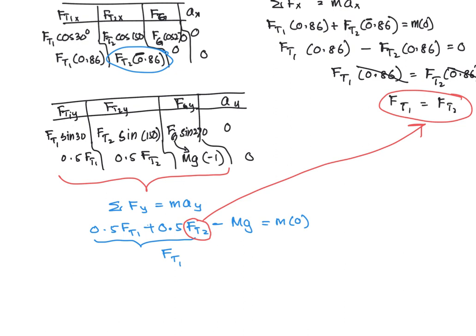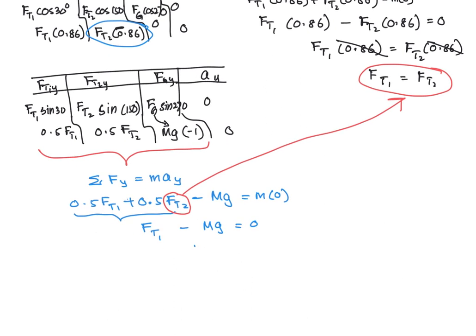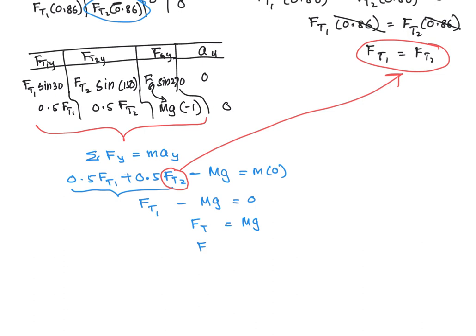And then let's continue: equals mg, this side 0, and FT1 equals m times g. I don't remember exactly what we had for m.